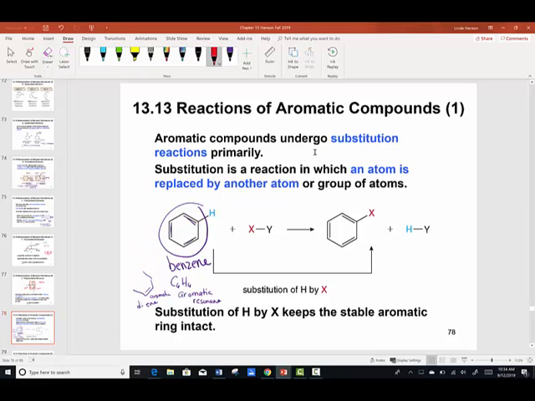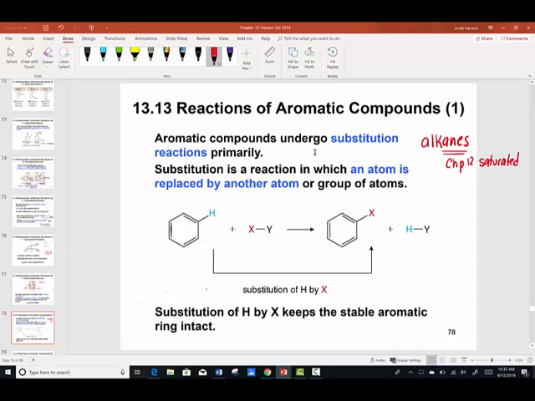We'll also discuss in depth now the common reactions that we see of an aromatic compound. Remember that aromatic compounds undergo the same type of reactions as alkanes, which are the saturated compounds, all single bonds, in chapter 12, the alkanes, and those are known as substitution reactions.